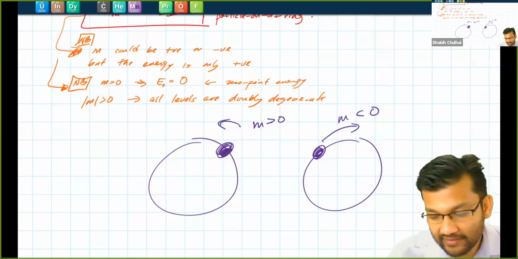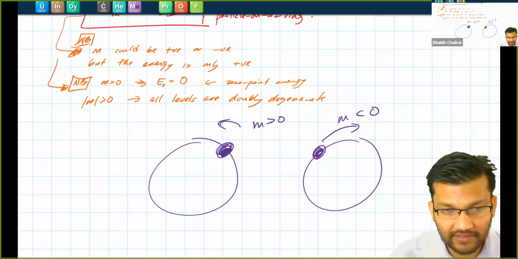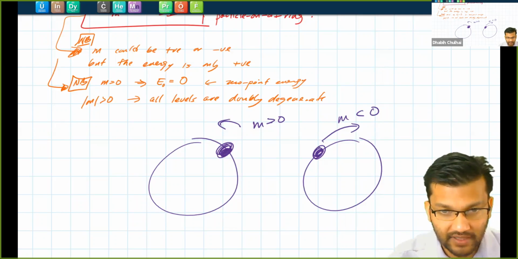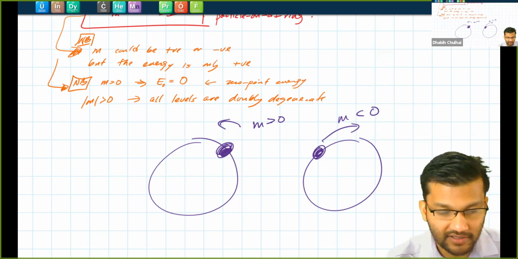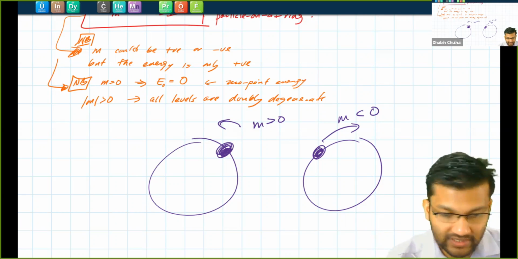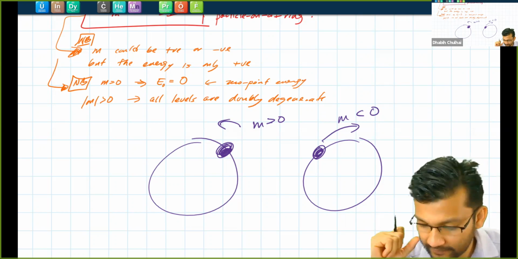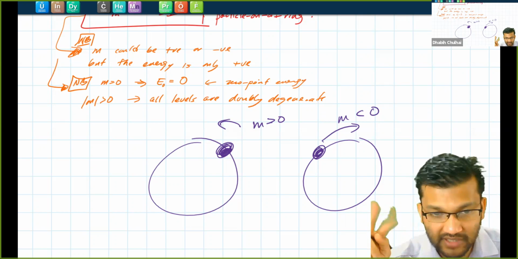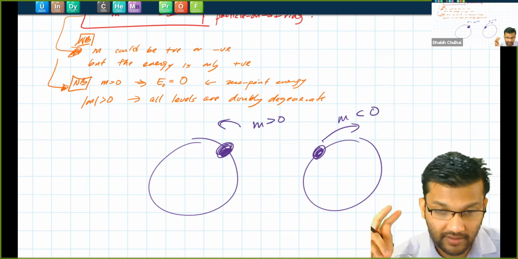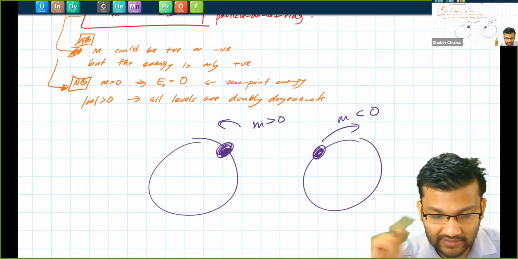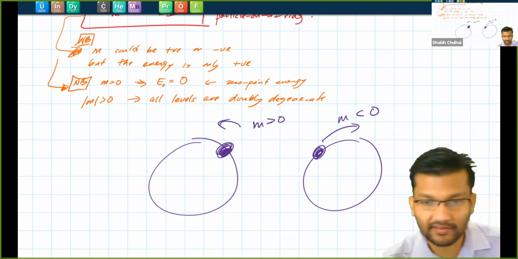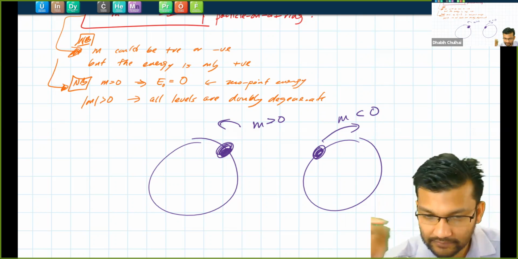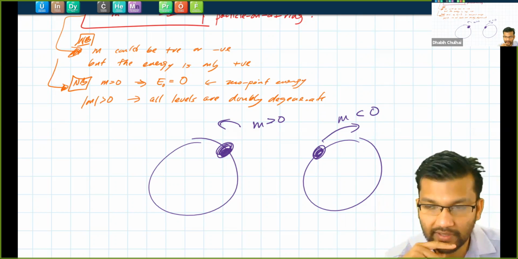But they'll have the same energy if the absolute values of m are the same. Things could rotate clockwise or counterclockwise with the same rotational energy. So that's why we have both positive and negative, in case you were wondering. It corresponds to particles moving clockwise or counterclockwise on this little ring.